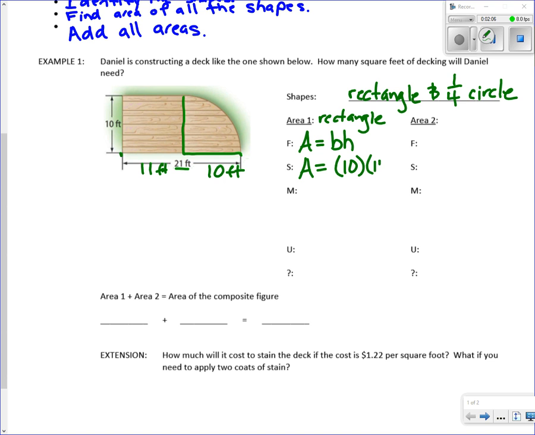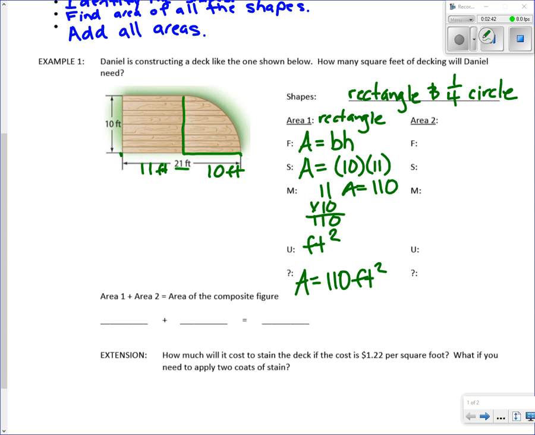So I have 10 times 11, and so my area is 110 for the rectangle. My units are feet squared, so my area is 110 square feet.